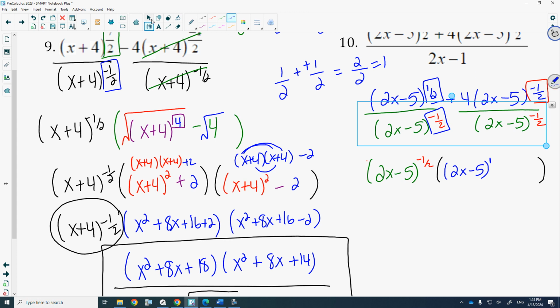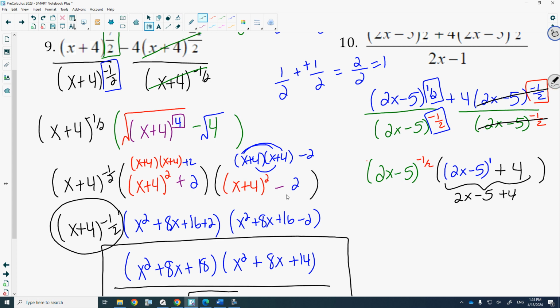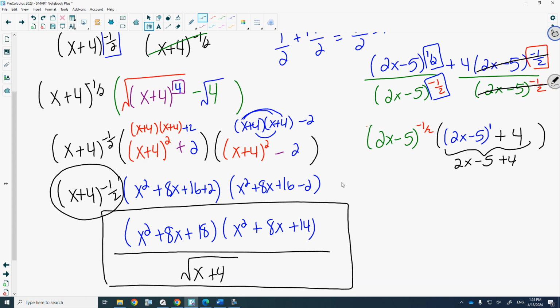Then we had, what did we have? We have a plus. This will cancel. So when you have the same exponent, it will cancel, and I've got a 4 left over. Now this will clean up because this is 2x minus 5 plus 4. So I'll bring my like terms together, and that would be 2x minus 1.